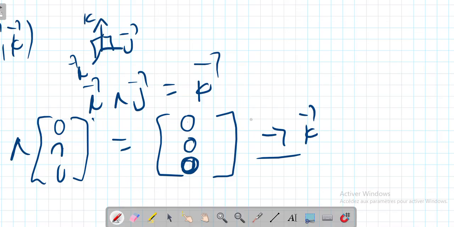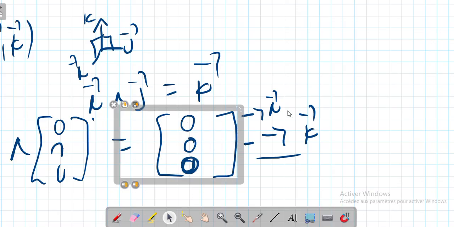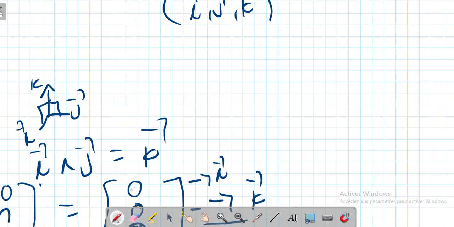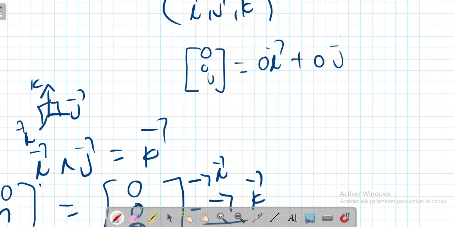I don't know if they were trying to show me that 0 is in the direction of E, and the other 0 is in another direction. If I write this vector 0, 0, 0, it is simply written as 0E plus 0G plus 0K.